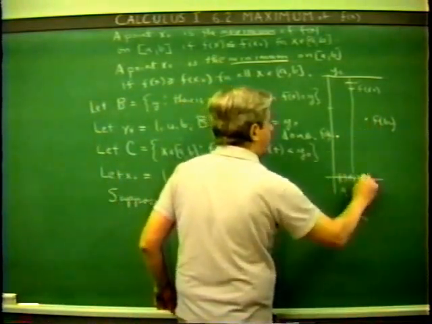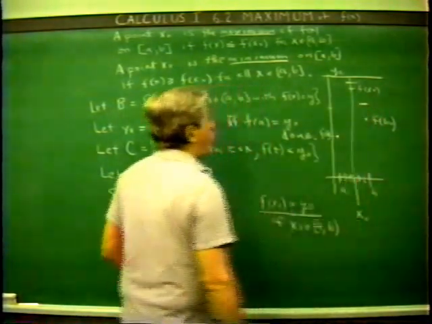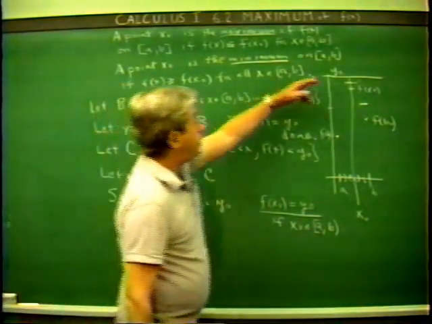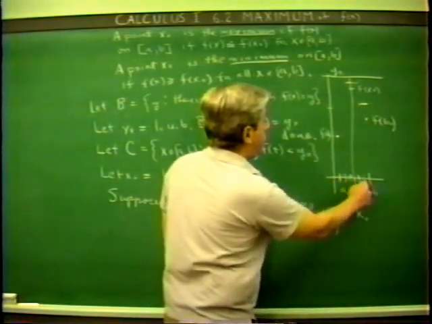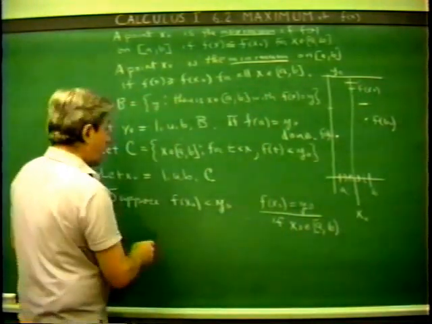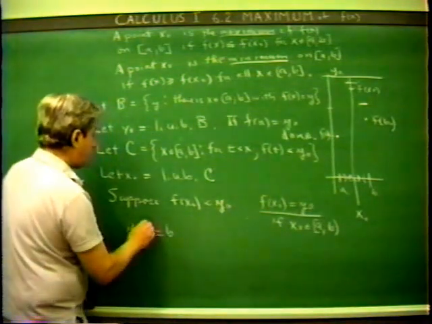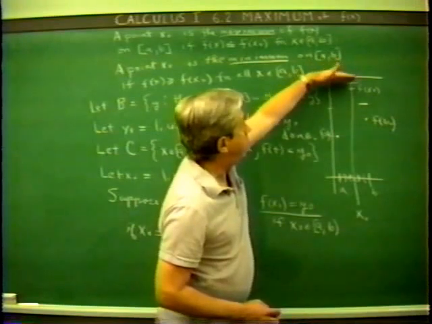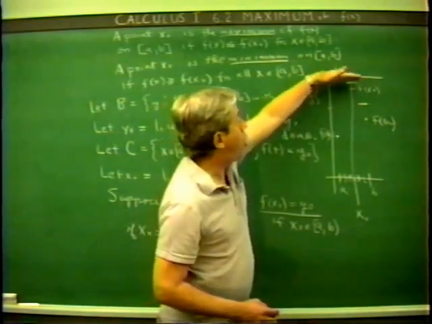There would have to be a small interval to the left, b minus delta, so that f is smaller than y naught on this interval. In fact, it's considerably smaller. And since it's smaller on the interval all the way back to here, it's going to be smaller altogether than y naught. And so if x naught happens to be equal to b, then we find that y naught is not the least upper bound on the interval ab of the values of the function f.